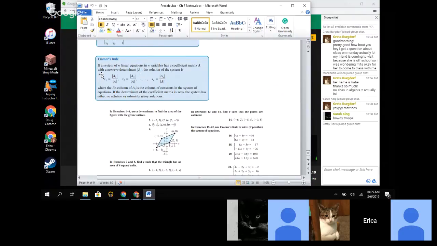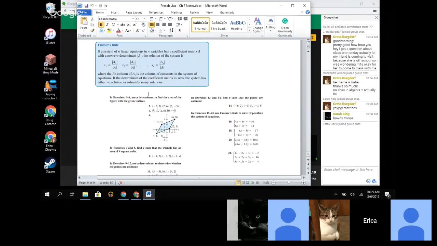Cramer's rule says if a system of n linear equations in n variables has a coefficient matrix A with a non-zero determinant of A, the solution to the system is x sub 1 equals the determinant of A sub 1 over the determinant of A. And then there's a bunch of different things there. This is one of those rules where I think it's easier to see how Cramer's rule works, and then I can tell you what I think the upsides and downsides are.